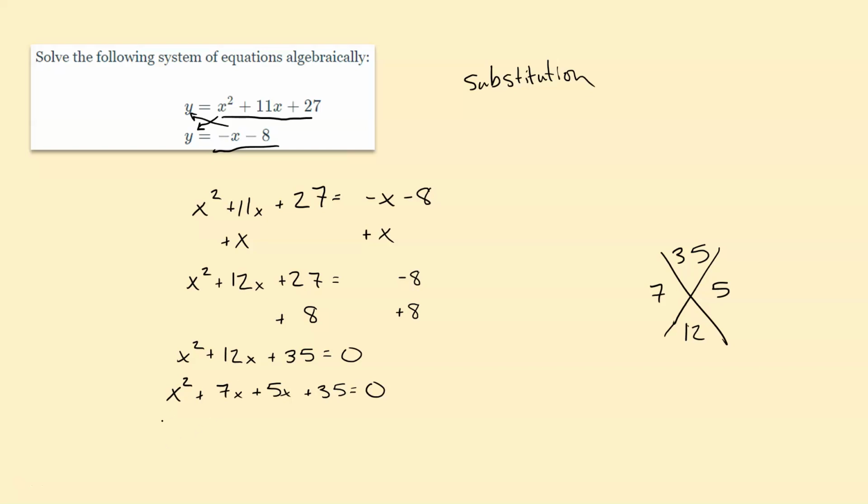So from the first 2 terms here, we can factor out an x plus 7. From the second 2 terms here, we can factor out a 5, and we're left with x plus 7. So our factors are x plus 5 and x plus 7.